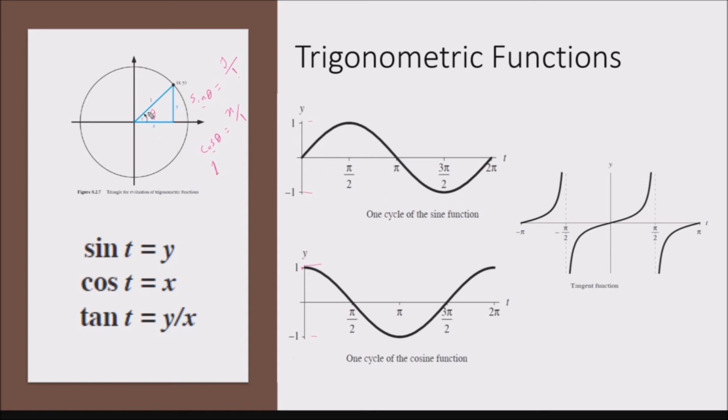And whatever theta changes to, this point will go around. You can see it hits 0 once here and another time right here, so the x value will be 0 in two places.